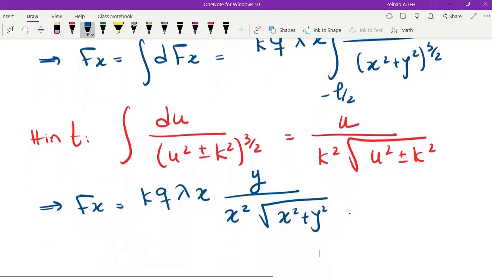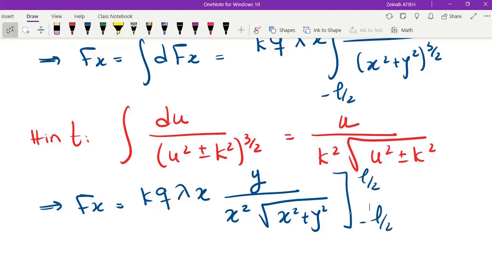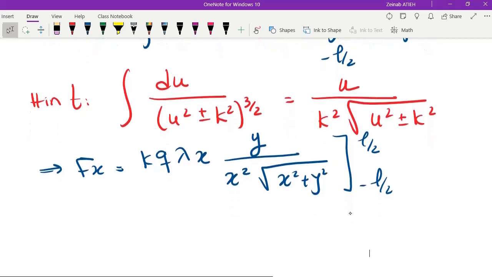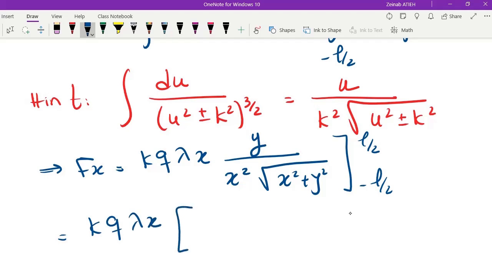Now don't forget the boundaries, which are from minus L over 2 to L over 2. Now I will substitute for the boundaries, which is k q lambda x. I will substitute for y, don't forget y is the variable.